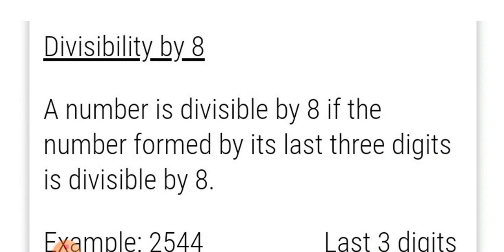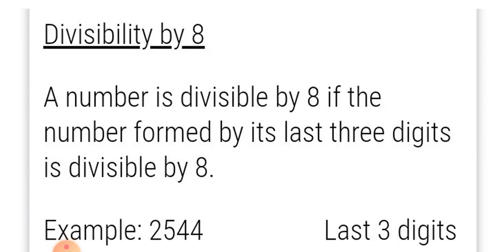Now the next rule, that is divisibility by 8. Okay, divisibility by 8. The rule is, a number is divisible by 8 if the number formed by its last three digits is divisible by 8.